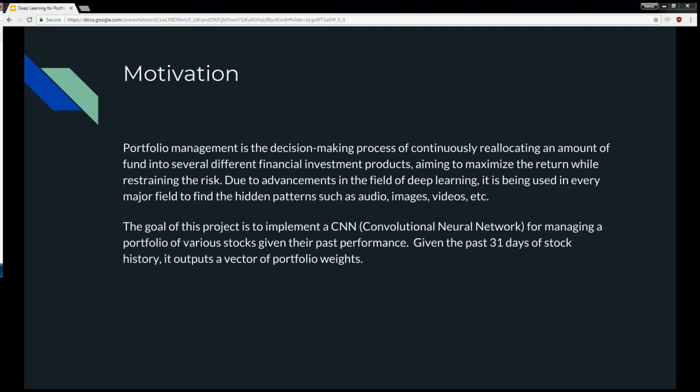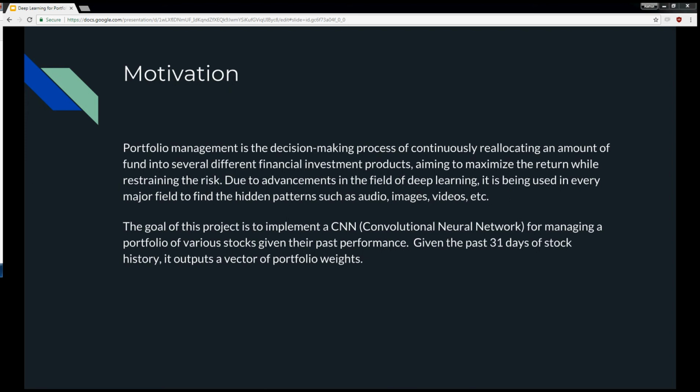Our goal for this project is to implement a CNN, that is a convolutional neural network, for managing a portfolio for various stocks given their past performance. We have the historical data for the stocks, and we want to maximize our returns by minimizing our risk and by finding relevant patterns in the past data. We will use the past 31 days of stock history.